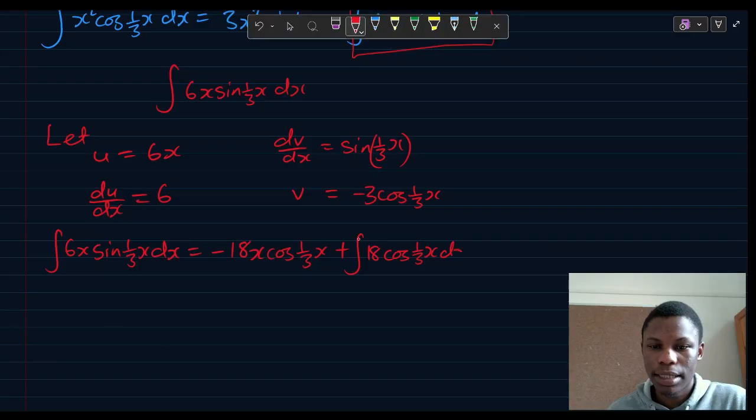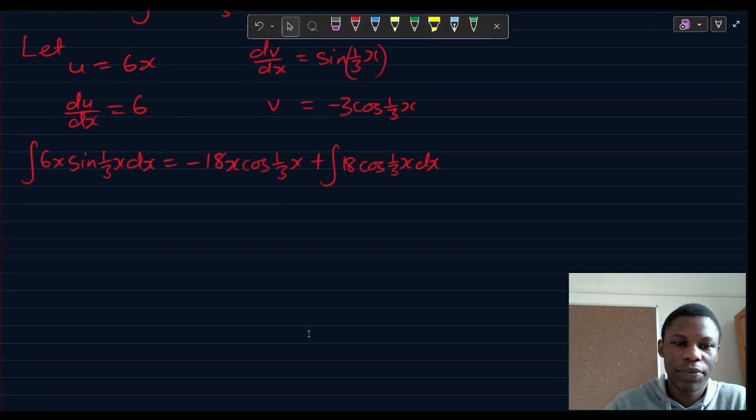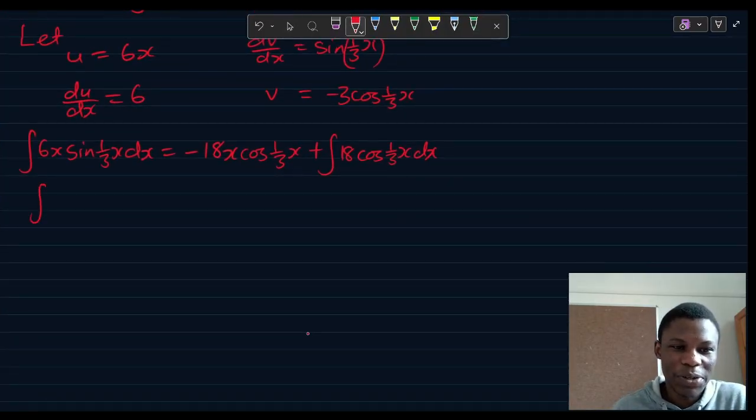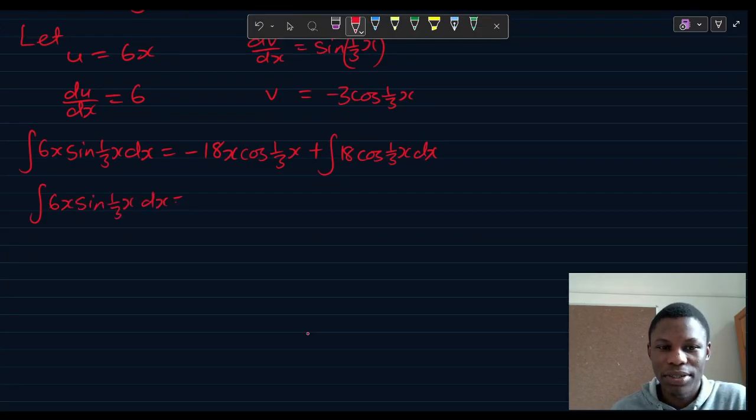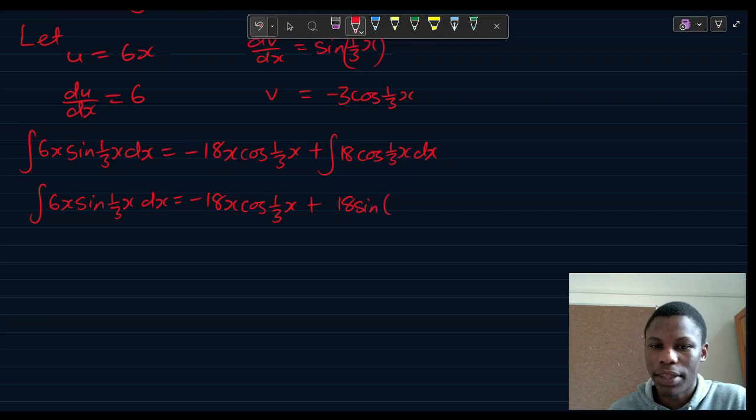This is a lot of integration. Okay, so we go again. We integrate. This is equal to negative 18x cos a third x plus, now we want to integrate this. It's 18 sine of a third x. Differentiate the inner function. You get a third.